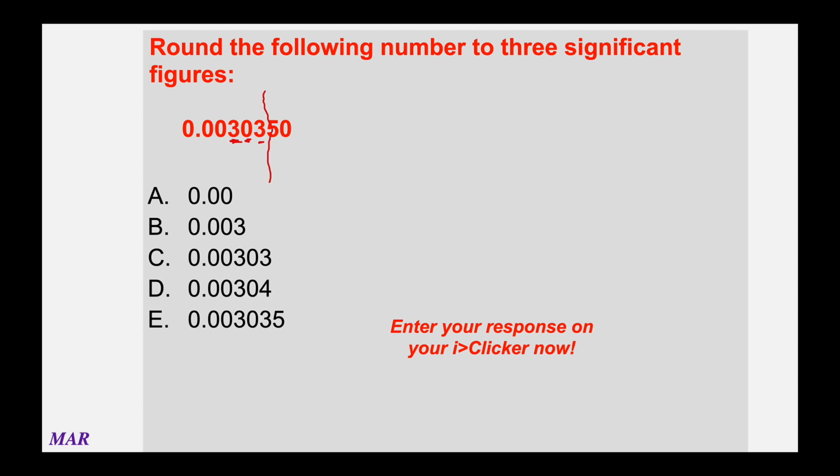And then we'll cut this part off, and it might be tempting to say, oh yeah, 0.00303, but the first number dropped is 5, and 5 is between 5 and 9. So 0.00303, we're going to round up by 1 unit. That's going to be 0.00304. 5 was the first digit dropped. It's between 5 and 9, so 0.00303 becomes 0.00304.